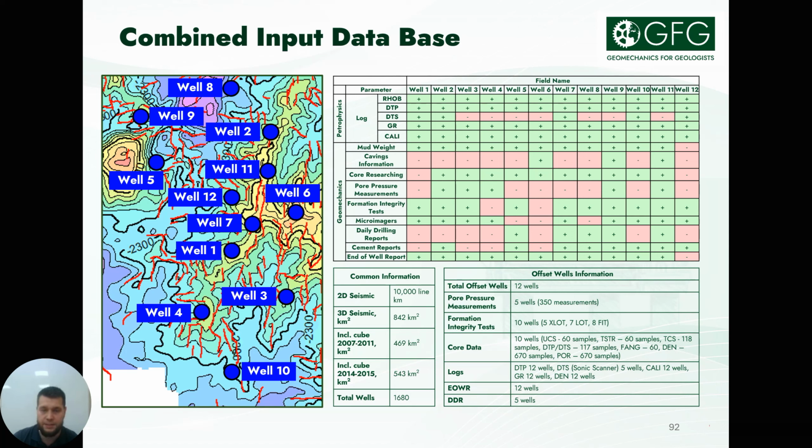This slide summarizes information on all geological, seismic, geophysical, log, core data necessary for the construction and calibration of the geomechanical model, and it is represented in a single table. The conclusions are made about the completeness and fullness of the dataset, selected offset wells, the number of necessary studies is described, and the spatial distribution of offset wells is given.